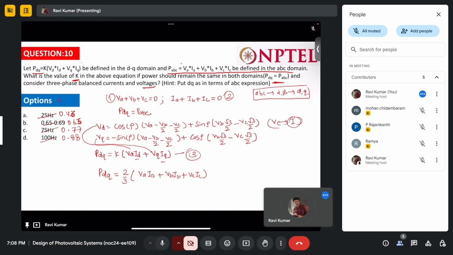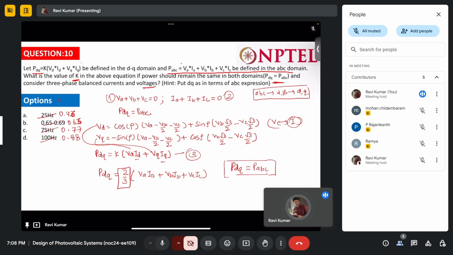And if you compare it with power, we know this power in DQ will be equal to power in ABC. So the factor coming here is 2 by 3.